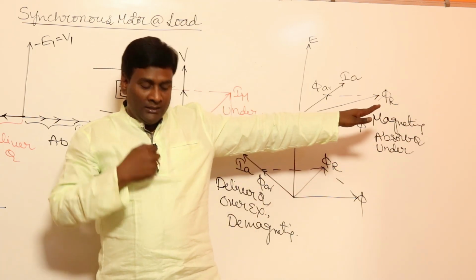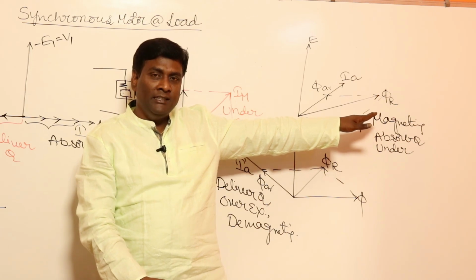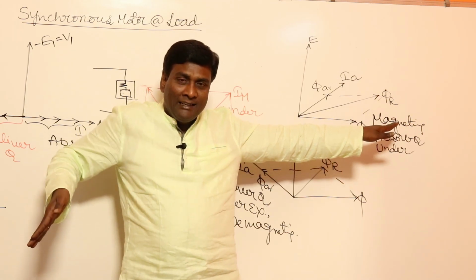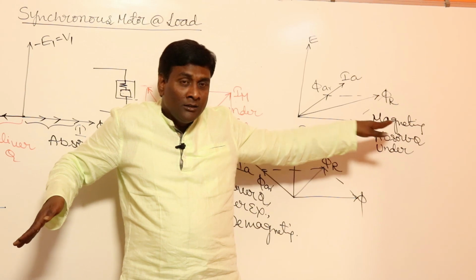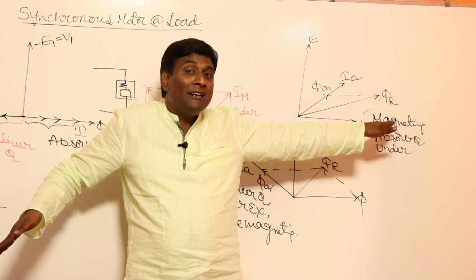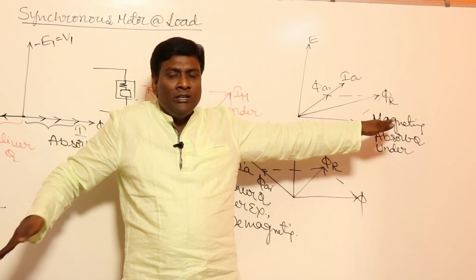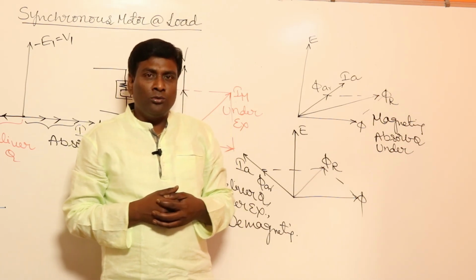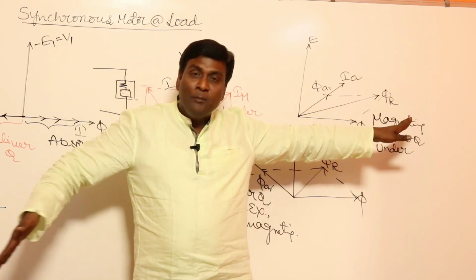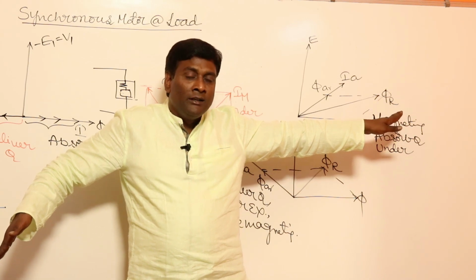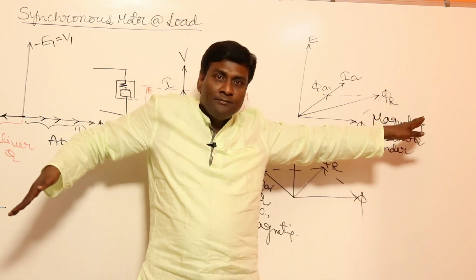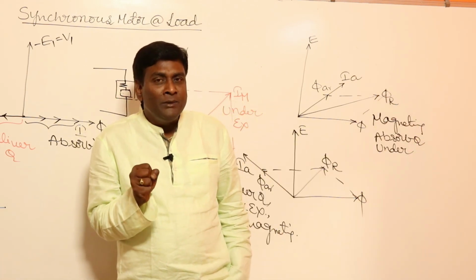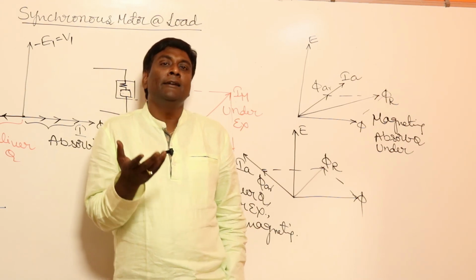So this is flux, this is the generator induced voltage E. With respect to the generator, IA lagging means that phi A will be here, phi F is here, phi A is here. Demagnetizing or magnetizing? Demagnetizing. So phi F, phi A is going to phi R. So an alternator operating at lagging power factor has demagnetizing armature reaction effects, because IA is here. Demagnetizing armature reaction effects means that my field flux has to be increased, over excited.